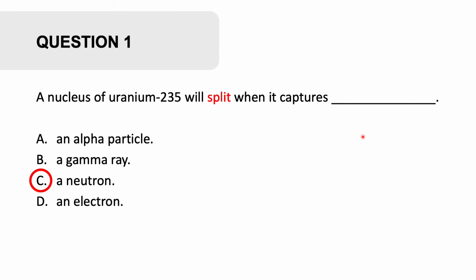At this point, when you hear the word split, you must already know that it refers to nuclear fission reaction. In order for nuclear fission reaction to happen, the uranium-235 will be bombarded by a neutron and split into two different lighter nuclei.